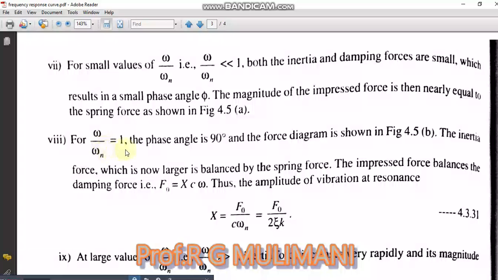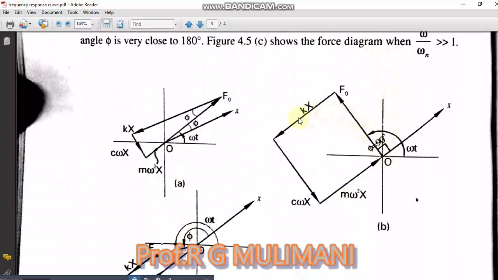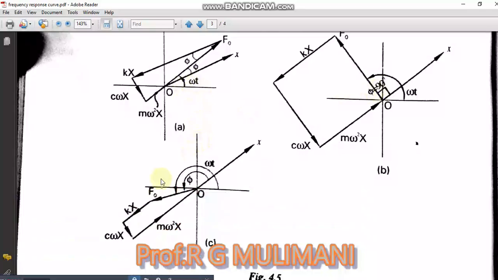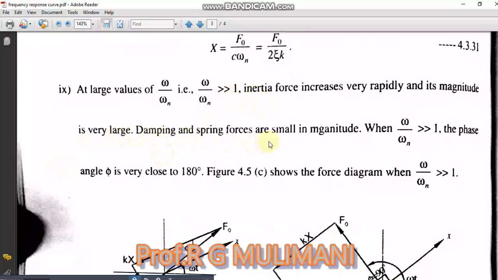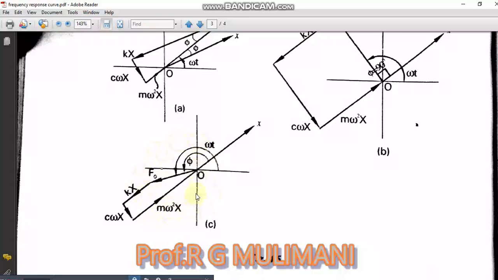When omega by omega n equal to 1, you will get the inertia force which is almost or more than spring force, then you will get this phi value, it is 90 degrees. Okay, similarly when omega by omega n is a larger value, then damping and spring forces are very small, and obviously the inertia force increases, so the phi value is more than 90 degrees here.